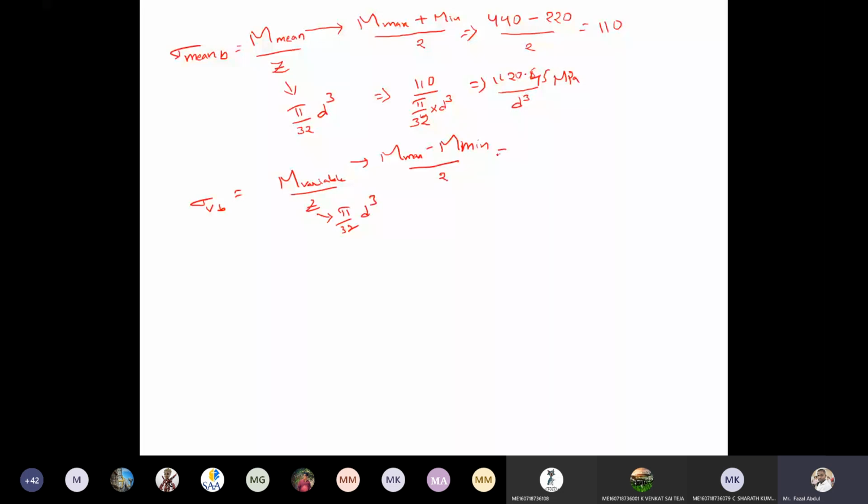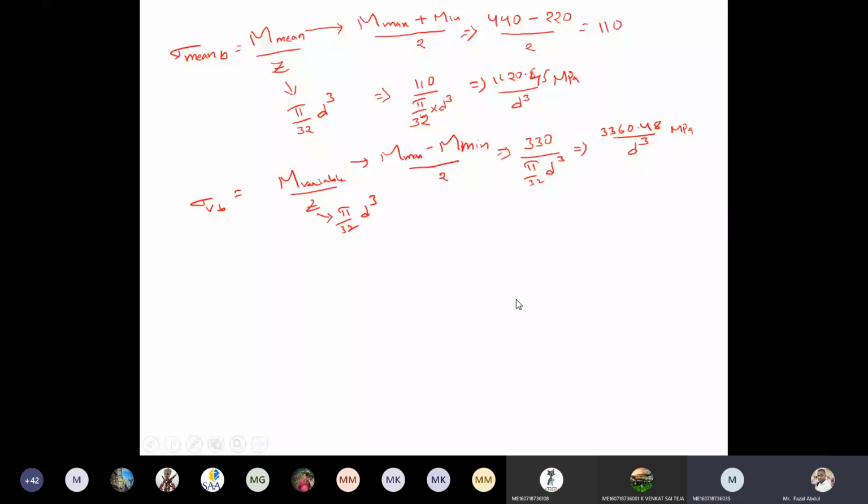You substitute, what will you get? Variable bending moment is 330. 330 by pi by 32 into d power 3. How much will you get? 360.48 by d power 3, in megapascal. So the mean and variable we calculated.